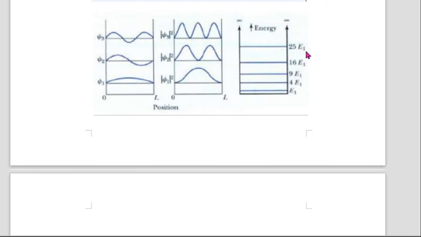Fifth will be 25 times E1. Where E1 is the energy of the ground level, that is h square by 8 ml square. So we can substitute that there to find the energy of different quantum numbers, different energy levels. And we can also see from the diagram the difference between two consecutive levels increases as we move up the ladder.